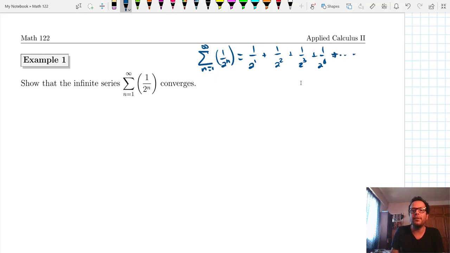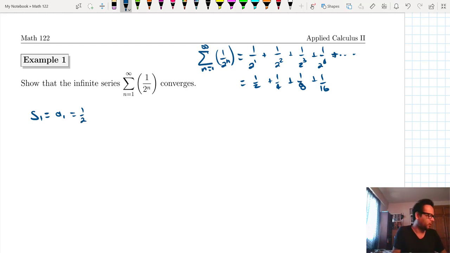This goes on forever, and this will be 1/2 plus 1/4 plus 1/8 plus 1/16. So let's evaluate the partial sums. S1 will be only the term a sub 1, which in this case is 1/2, right?